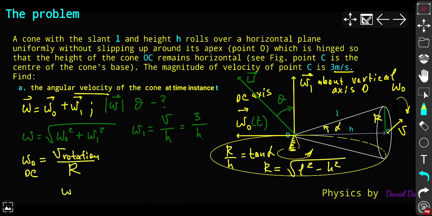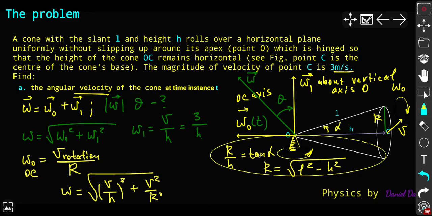So the resultant omega vector becomes simply the square root of V squared over H squared, because we're given H and I'll leave it as it is. On top of that, we need to add V squared over R squared, where R is simply the square root of L squared minus H squared.